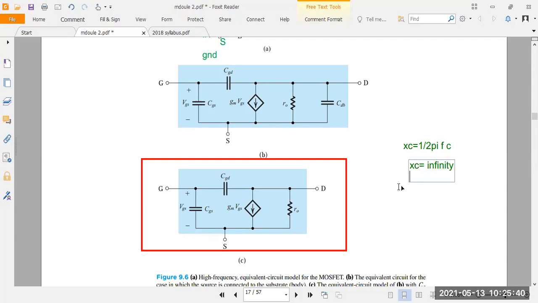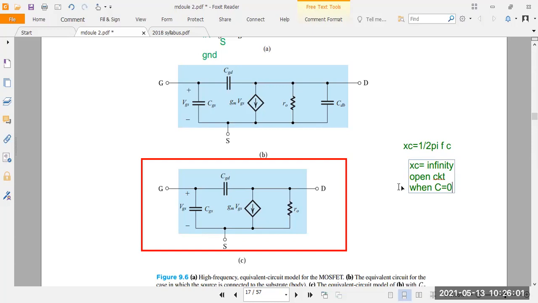So Xc is infinity, meaning the capacitance acts as an open circuit here. Right, it acts as an open circuit when the capacitor is 0.